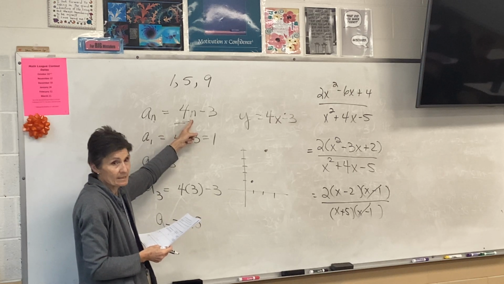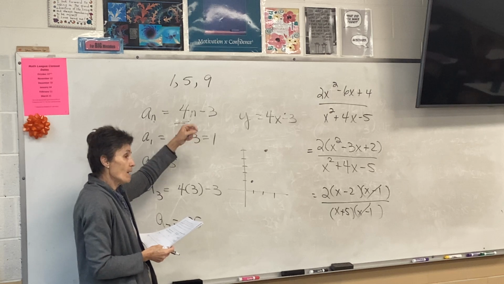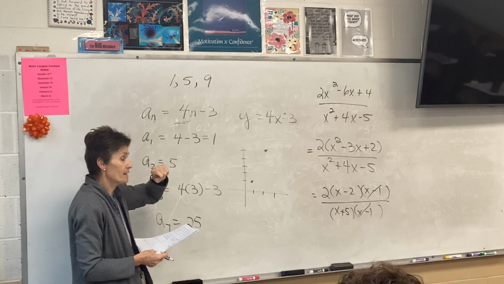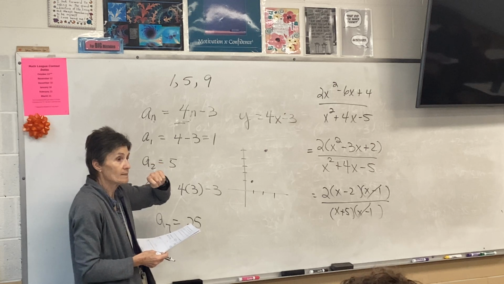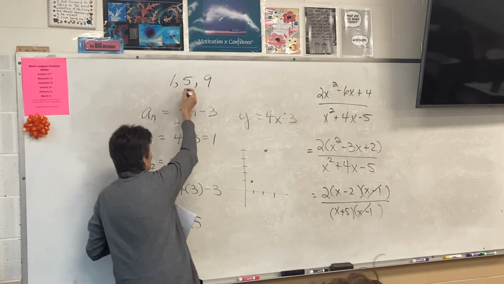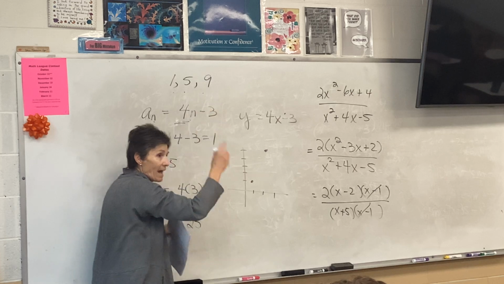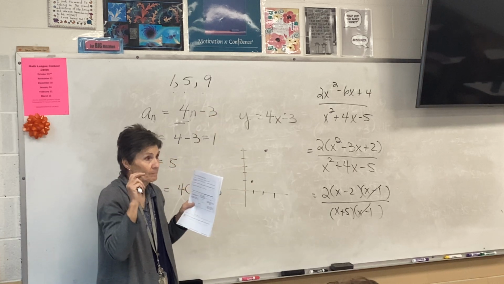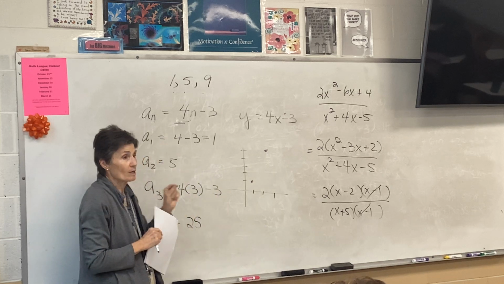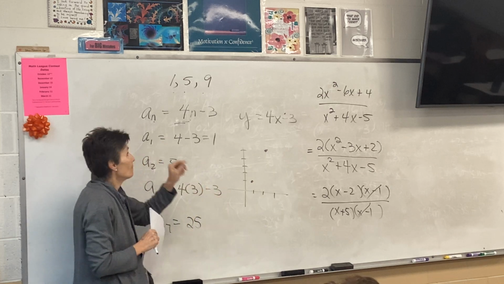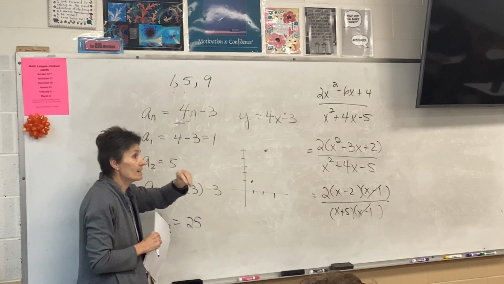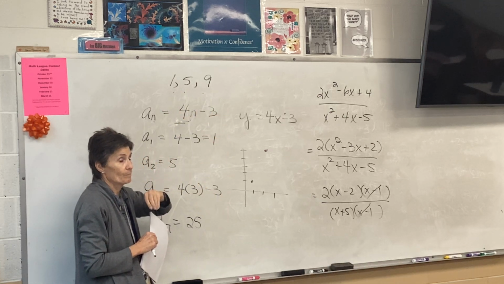All right, easy. An arithmetic sequence is defined as a sequence where we get from term to term by adding the same number. That's what makes it arithmetic. In a minute, we're going to talk about geometric. Those are different. But arithmetic, we get from term to term by adding the same number.